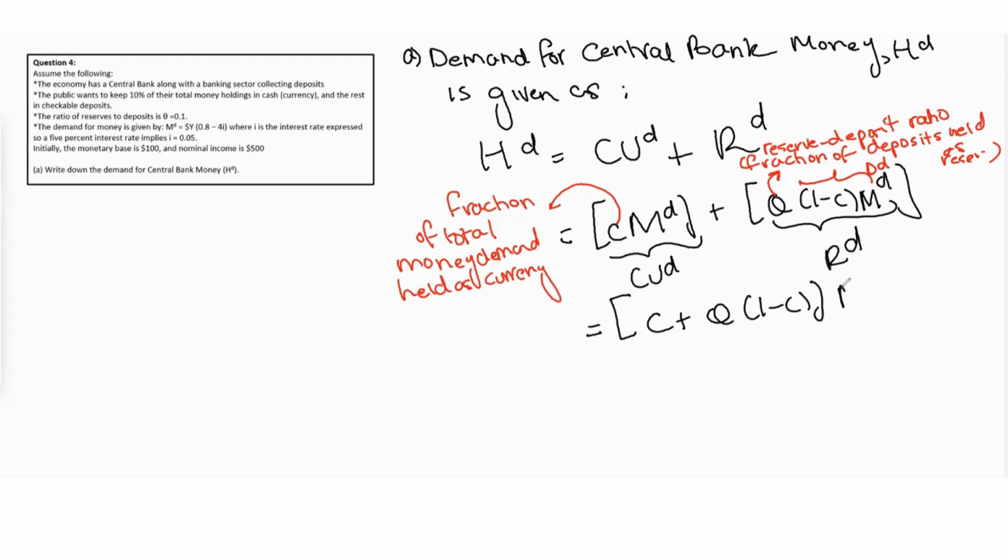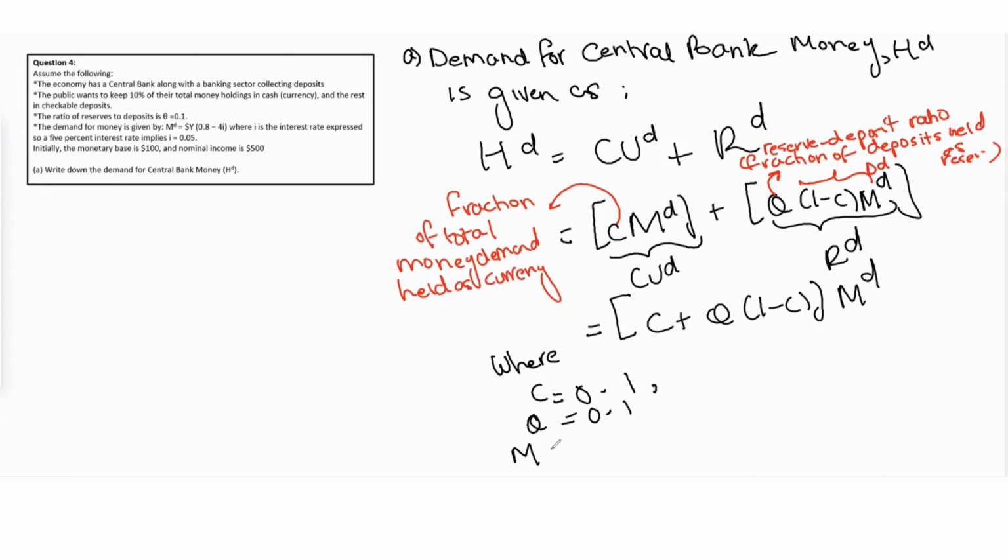We have just factored out money demand here, where we know in the question we're given that C, which is the fraction of how much money demand is kept in the form of currency, is 0.1, because the public wants to keep 10% of the total money holdings in currency rather than deposits. And theta, which is the reserve deposit ratio, is also given to us as 0.1.